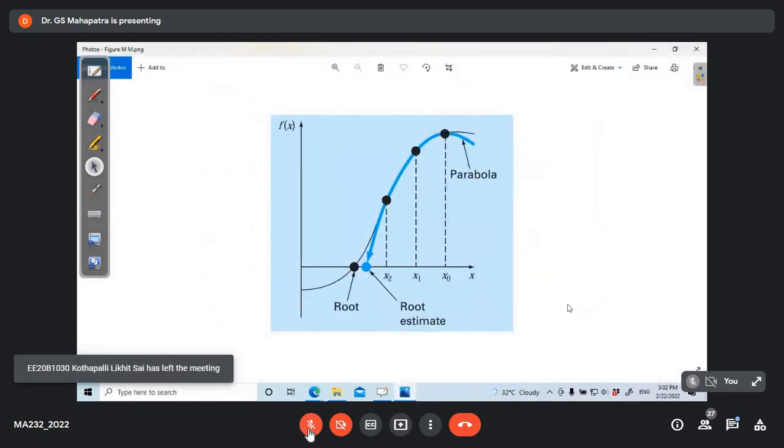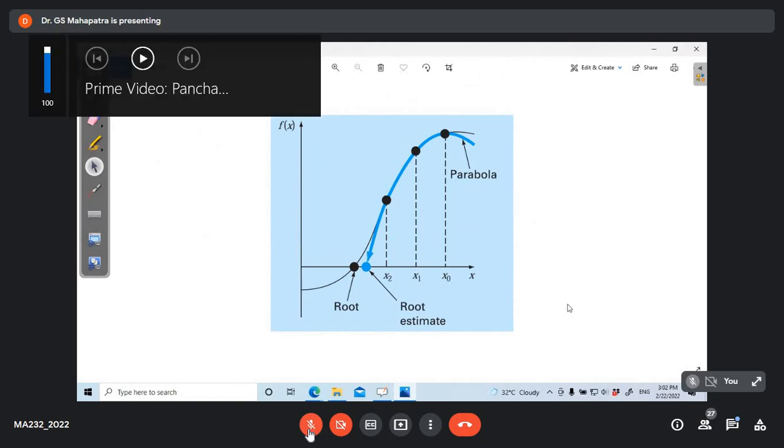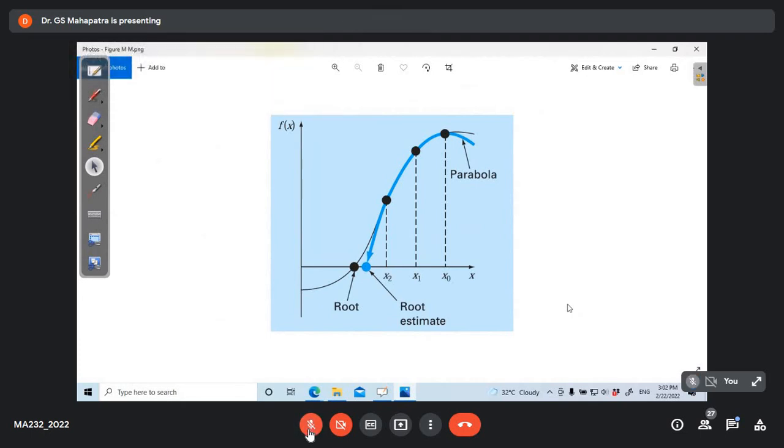Is it visible? What is the root? It is the black point, correct? It is written root, correct? And you just check where the approximations are, x0, x1, x2. Does the root belong between them? No. The root is outside the initial approximations x0, x1, x2.